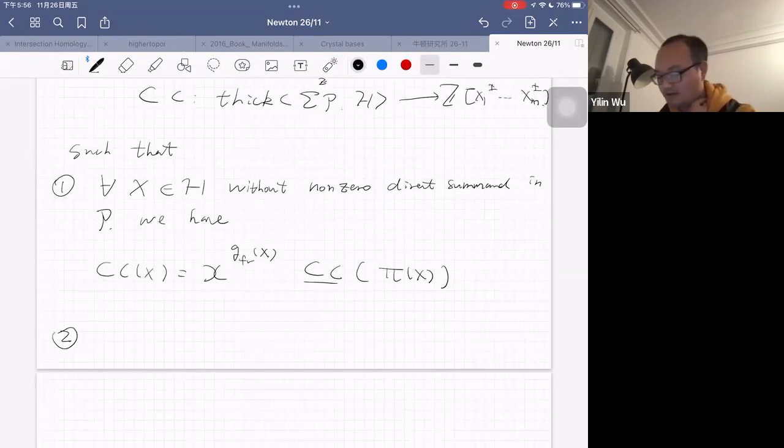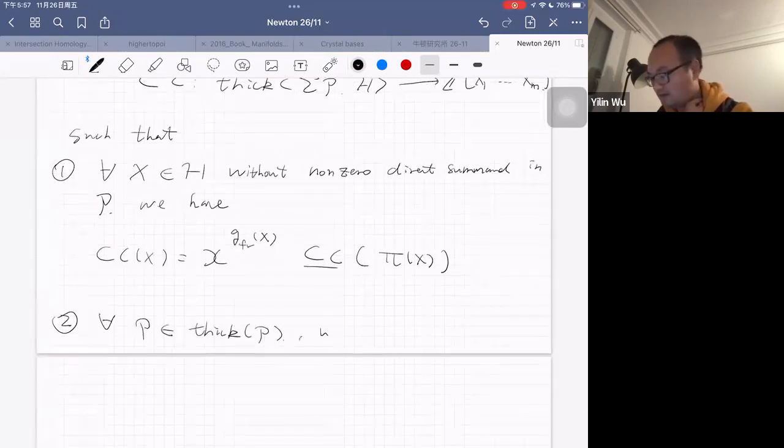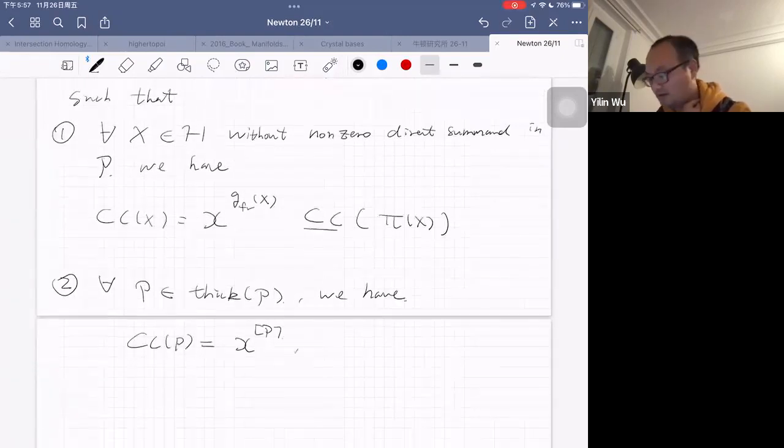And then for any P in the subcategory generated by P, we have this CC of P is just the monomial determined by this object.